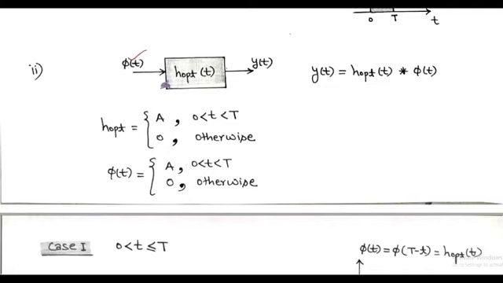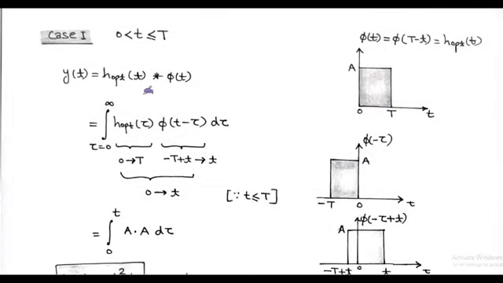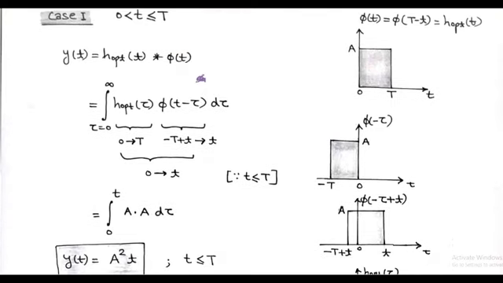So both are the same. Now we have to determine the output signal y(t), that is, the convolution of h(t) and phi(t).